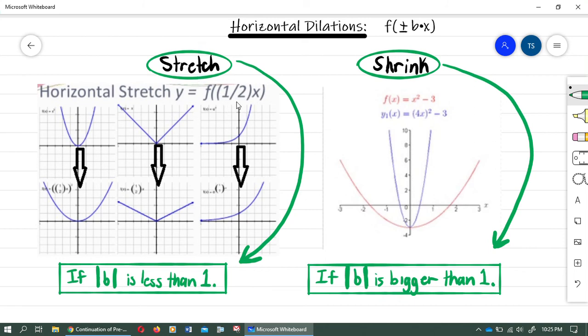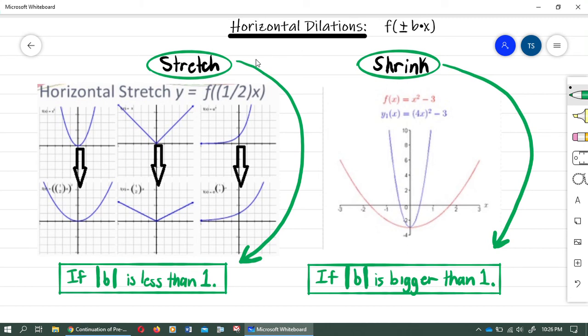Like right here in this picture, you see that x is multiplied by 1/2. Yet multiplying it by 1/2 on the inside of this function is a horizontal stretch. Again, it's counterintuitive. It goes against the natural grain of how you would normally expect it to work.